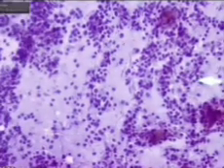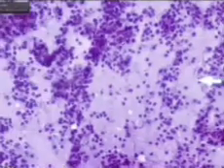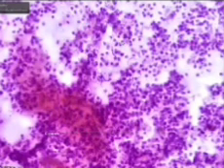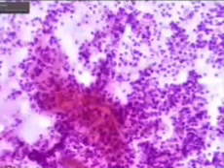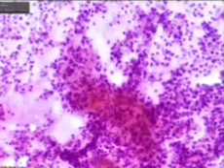They're querying reactive, query TB. Are we going to look for granuloma? Yeah, we look for granulomas. You saw some? Is this it? Not great. Maybe.